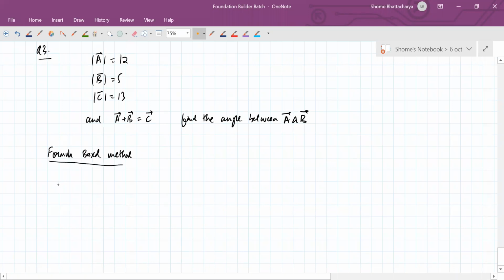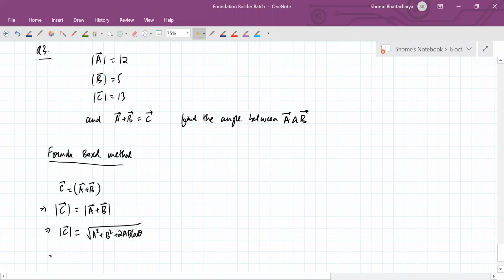Then we can see that C being A plus B, this implies that magnitude of the vector C should be mod of A plus B. So that means magnitude of the vector C should be equal to root of A square plus B square plus 2AB cos theta. So now this only is given to us. This is what we have to solve now.